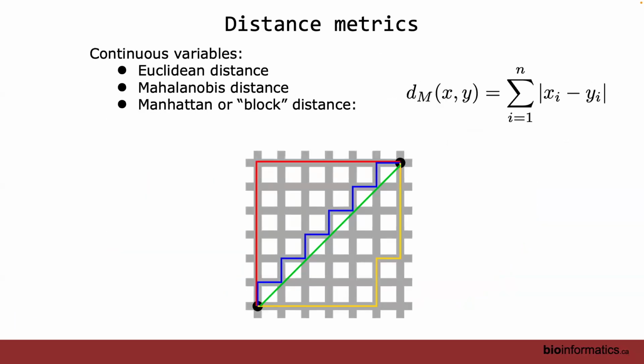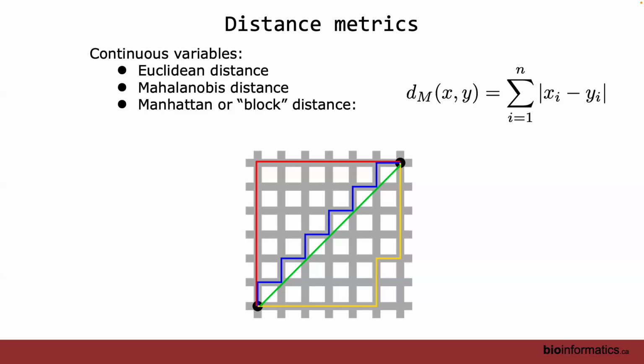And there are still others, such as block distance, Manhattan distance, might be better suited for categorical data, right? Remember that in numbers, broadly speaking, you've got 2 kinds. You've got continuous numbers and you've got discrete numbers, right? Sequencing, count-based data, discrete numbers. And then you've got continuous valued data like RNA microarray data, it's continuous valued numbers.